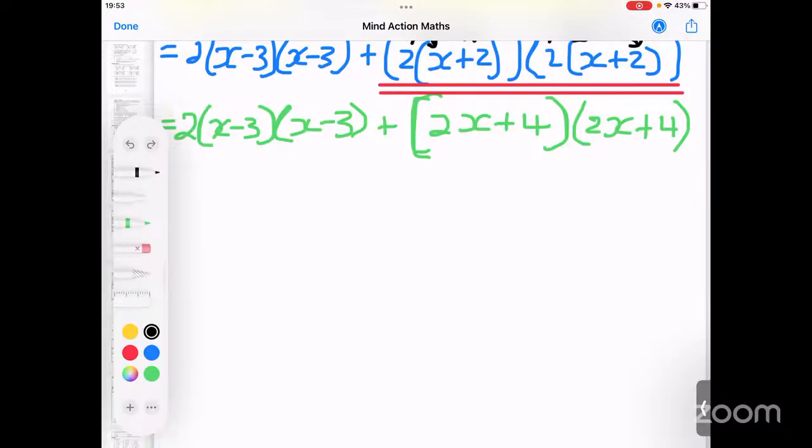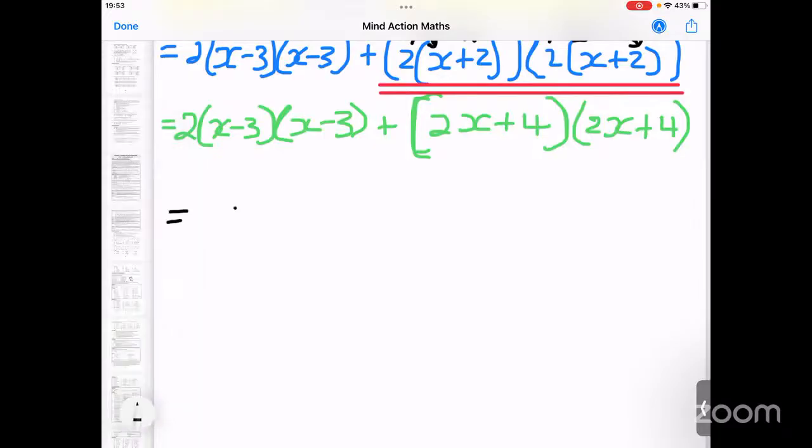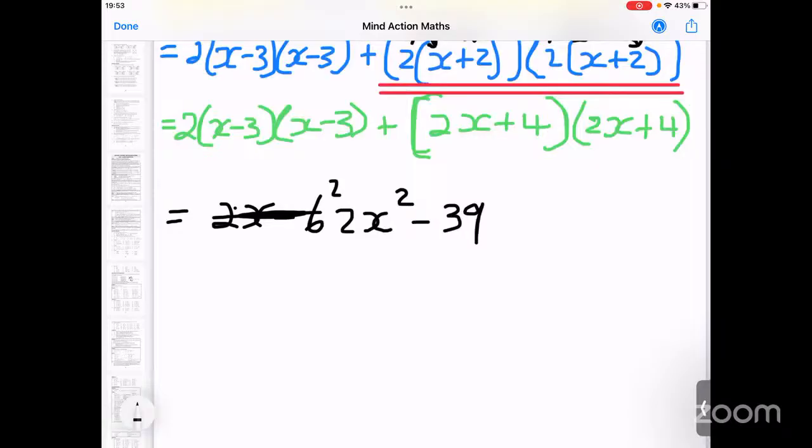So let's say you set equals 2 and then you say 2x minus 6, and then you realize you made a mistake. You don't cancel, and then after canceling, you write 2, and then you still have 2x squared minus, let's say you have 39, then you realize 3 is not correct.